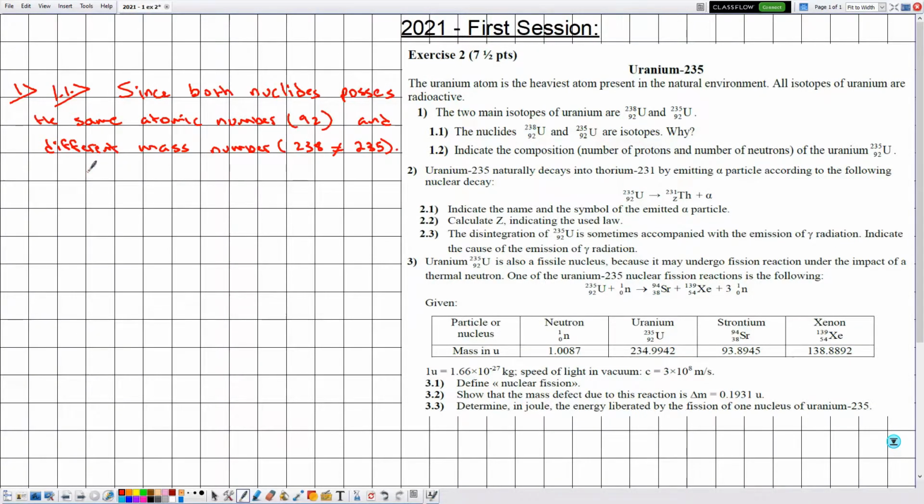For this reason, the nucleides are considered to be isotopes.